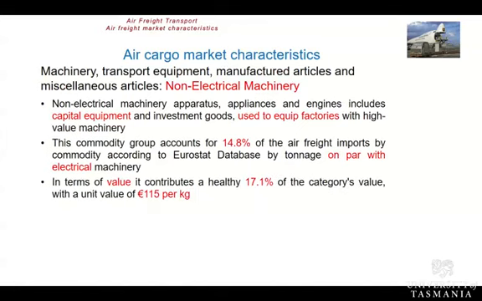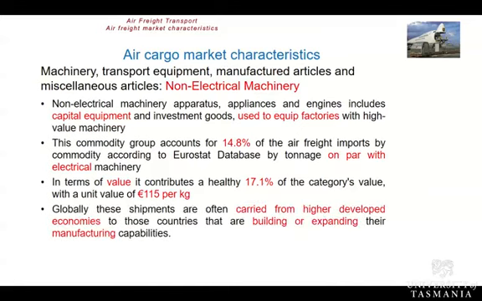In terms of value, a healthy value around about 17%, and a high unit value. So once again, high value to weight, consistent with this idea of air cargo. Globally, as a general statistic, these shipments are typically moved from developed countries to developing economies who are building and expanding their manufacturing capability.